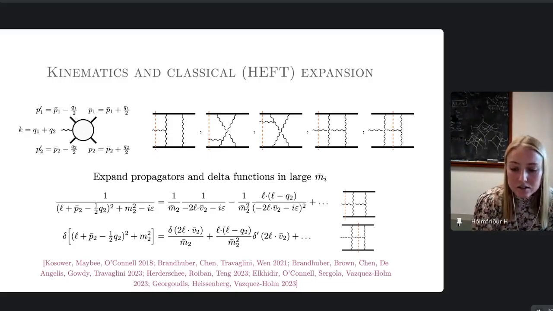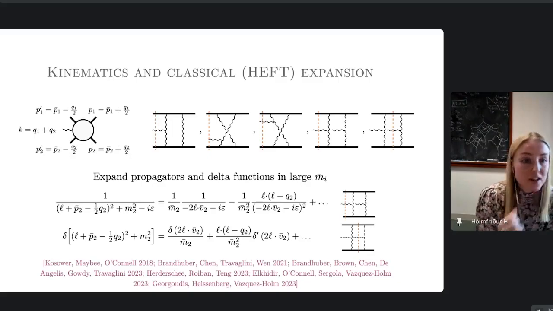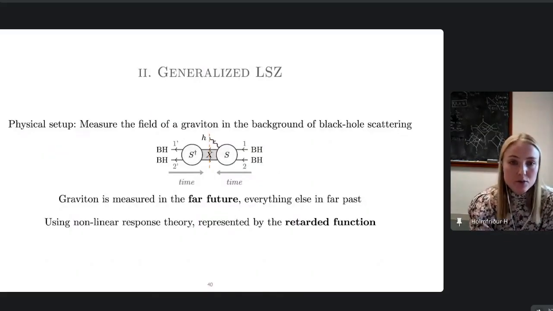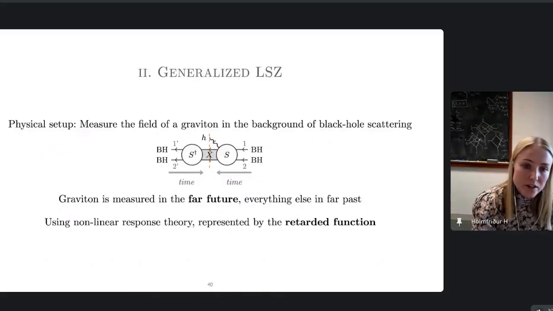Excuse me, the retarded functions are those of Schwinger-Keldysh? Are they exactly the commutator? Exactly. So we get back to an observable on a Schwinger-Keldysh contour. That observable has this time-folded contour where the graviton is in the future, but then we have this back and forth evolution.